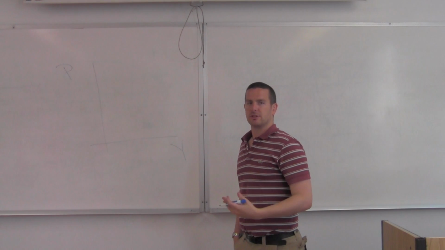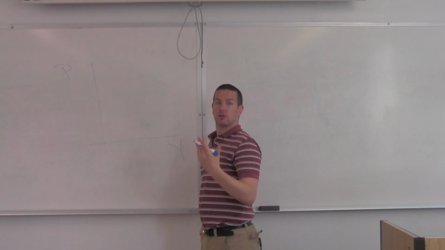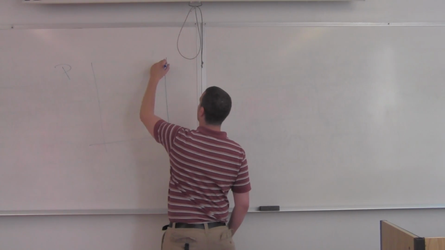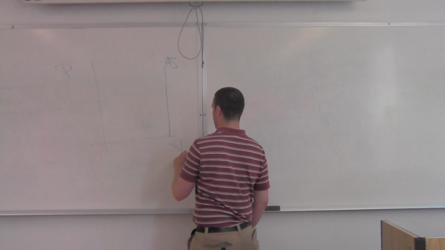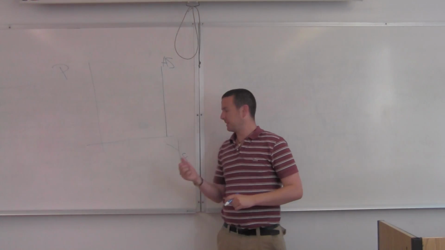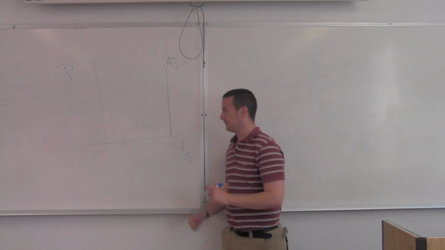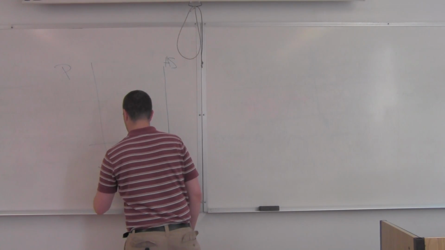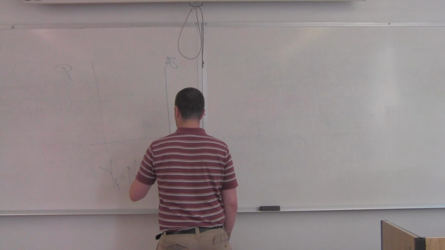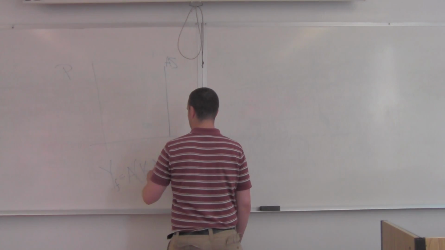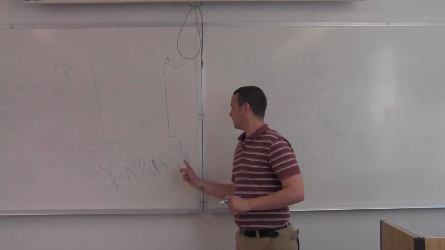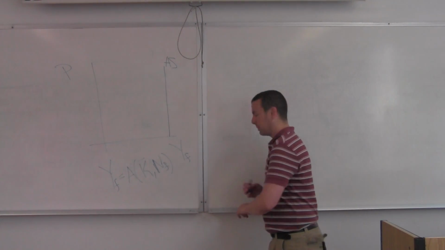The neoclassicals said vertical aggregate supply curve. At the full employment level of output, right? Because the production function produces the full employment level of output, okay?